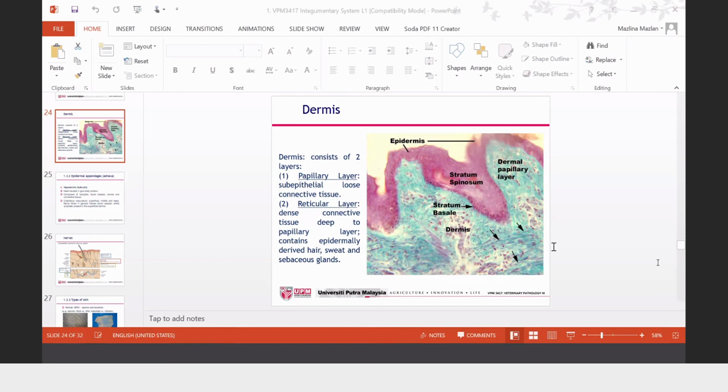Is it common to diagnose skin disease? Yes, actually, it's very common. How to avoid it?